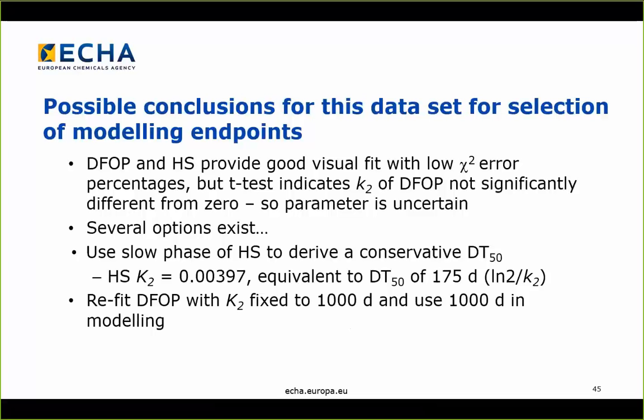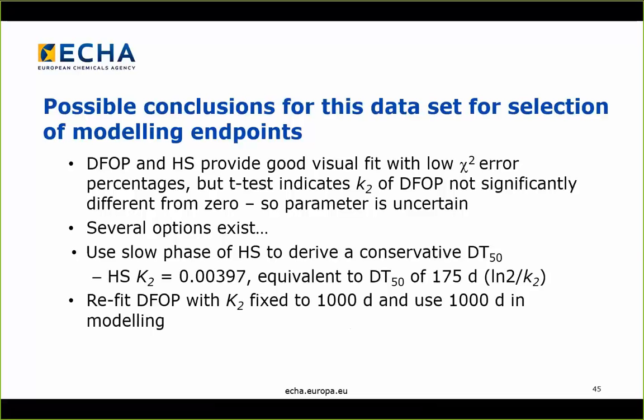So several options exist. We could use the slow phase K2 rate constant of the hockey stick model to derive a conservative DT50 for parent-only modelling. Your hockey stick K2 rate constant is there, and that's equivalent to a DT50 of 175 days.